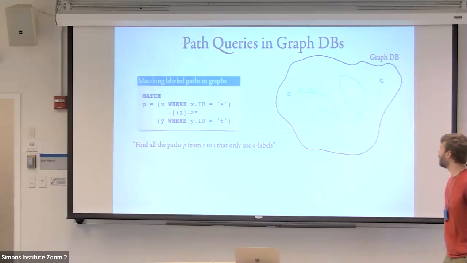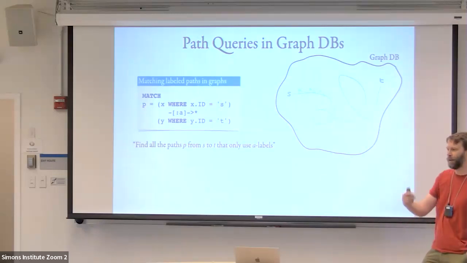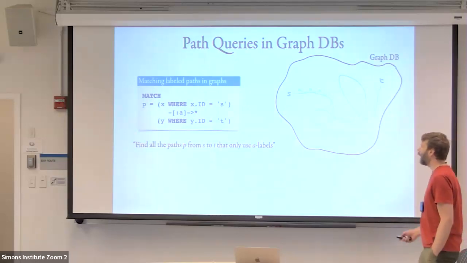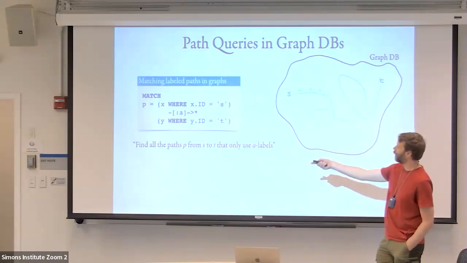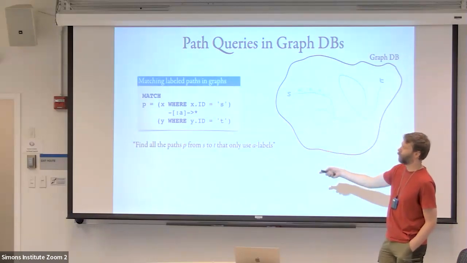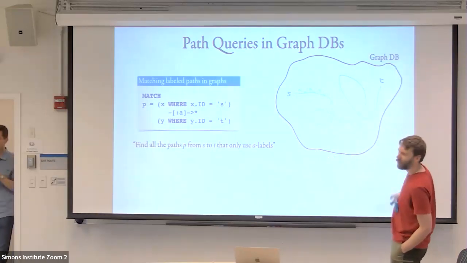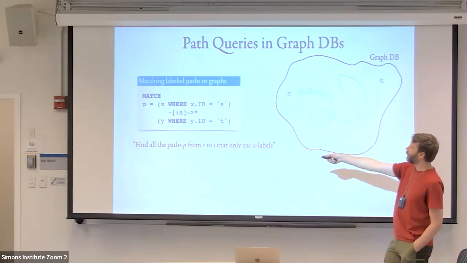Okay, so let's first give you an idea of where these problems are coming from. Michael already said it. It's coming from graph databases. So in graph query languages, you can ask things like this query that you see here on the left. You can say, I want to match something in my graph. This blob here is your graph database. And you can say, I can match P, and P is going to be a path.